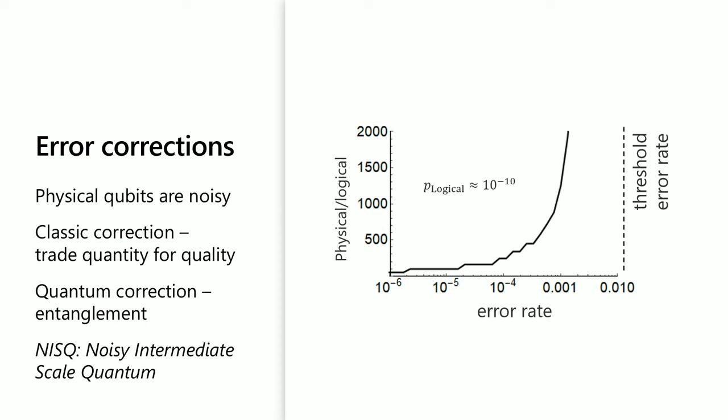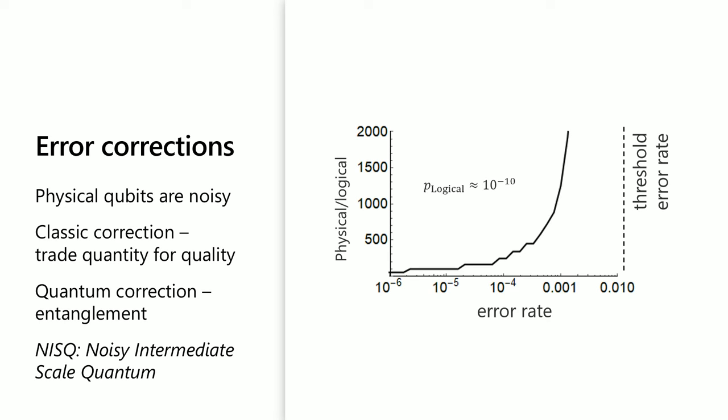And so you can see the number of physical qubits with error correction you need at a certain error rate of that physical qubit to achieve those low error rates that you want for a logical qubit that you do computation on. If you've got error rates of 10 to the minus 3, you need hundreds to thousands.